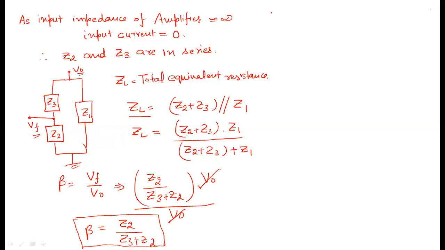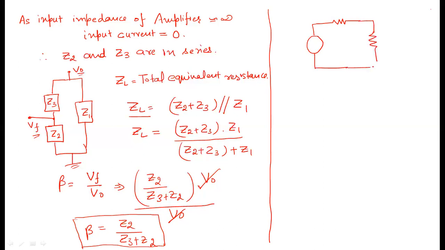Okay, so let's draw its equivalent circuit again, as we drew in the earlier slide. Here we have ZL, this is R naught and this is AV VI.